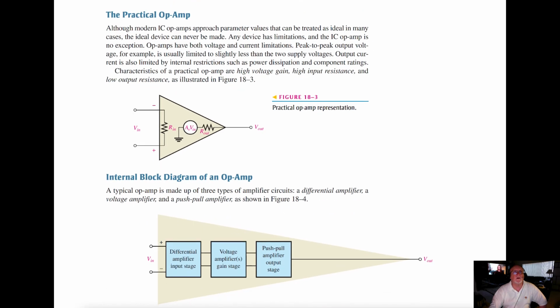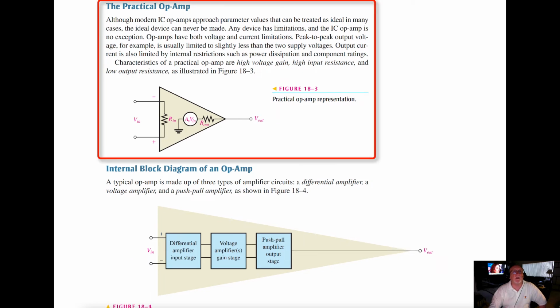For a practical op amp, although modern IC op amps approach parametric values that can be treated as ideal, in many cases the ideal device has never been made. Any device has limitations. As they say, there's no free lunch, and the IC op amp is no exception.